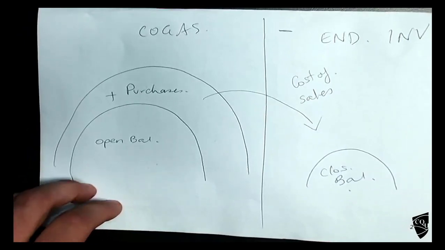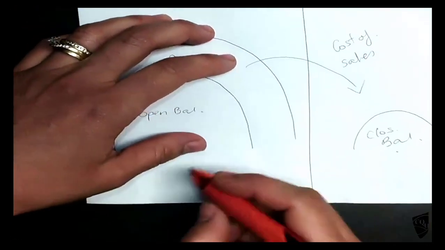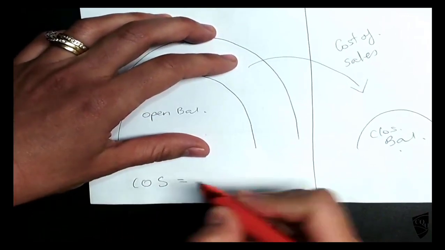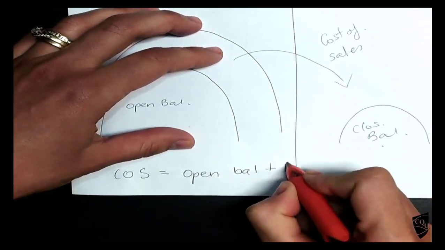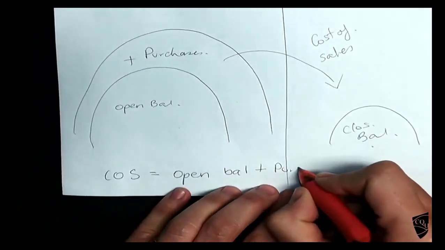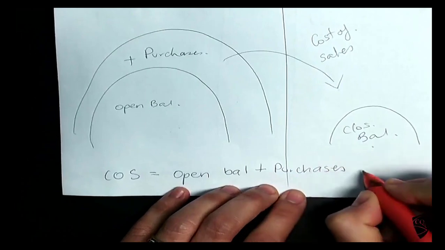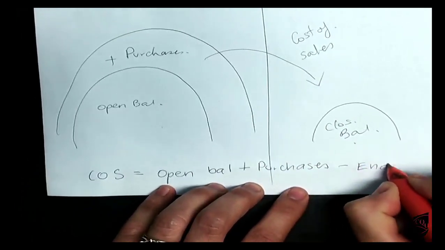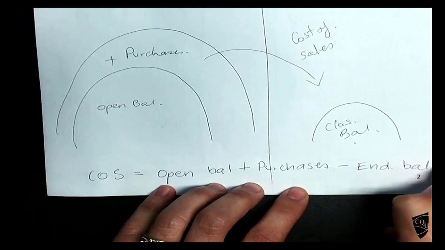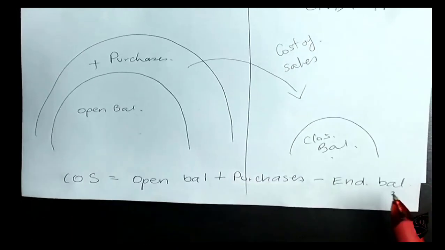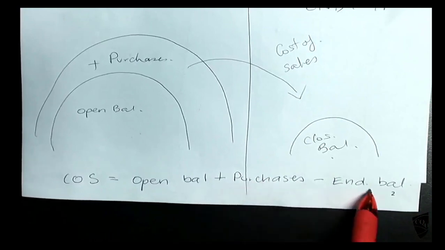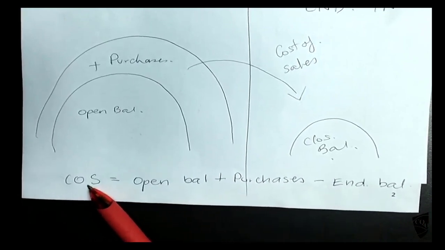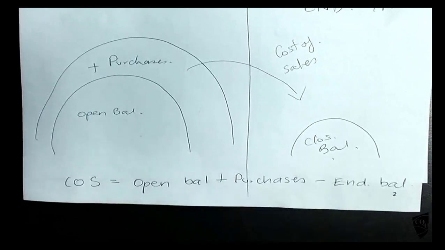So cost of sales equals opening balance plus purchases minus ending balance. That's the textbook formula for how we calculate cost of sales.